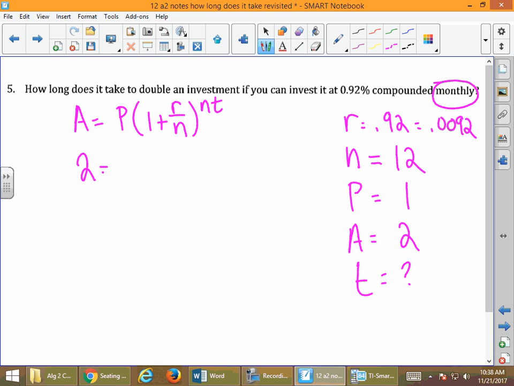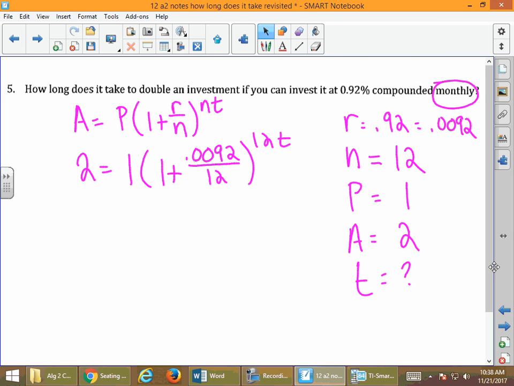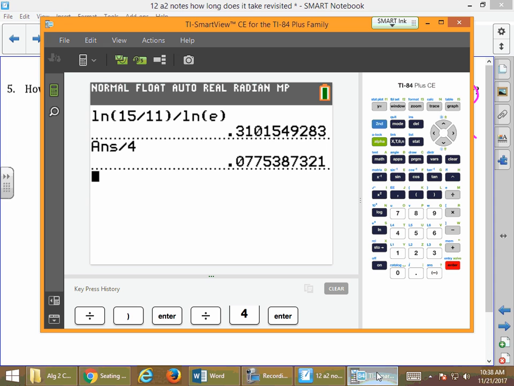It's 2 equals 1 times 1 plus 0.0092 divided by 12 to the 12t. Now, unfortunately on this problem, when we simplify that parentheses, it's kind of ugly. But if we can, I like to do it.